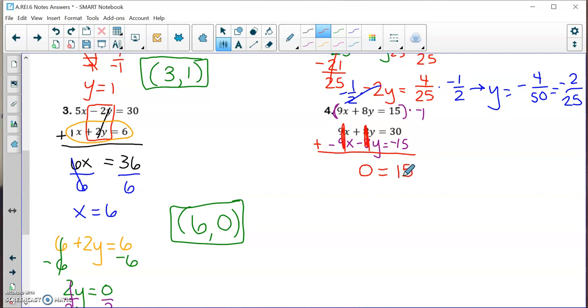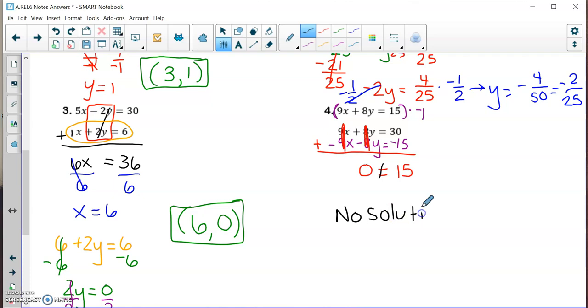Well, this should kind of ring a bell for you because we've dealt with these types of equations before when we were just solving single equations. When we were solving single equations, if your variable is eliminated and you wound up with a false statement like we have here, because 0 does not equal 15, then your answer was no solution.